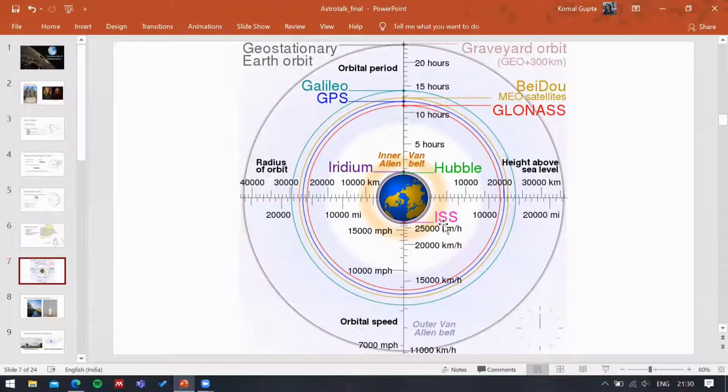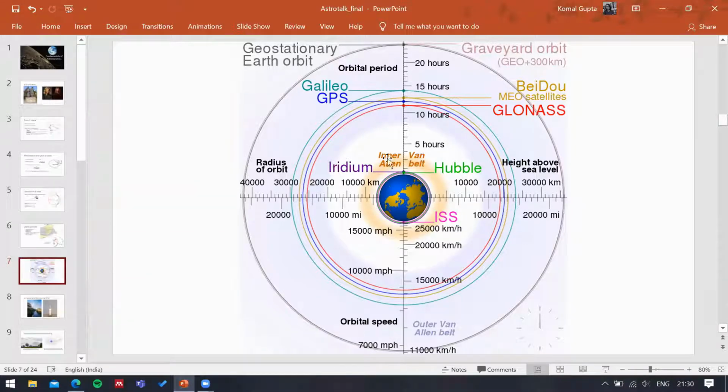So this handy diagram that I found on Wikipedia has several orbits from low Earth orbit to high Earth geostationary orbits. And these are different orbits that are in different bands, as you can probably see here.